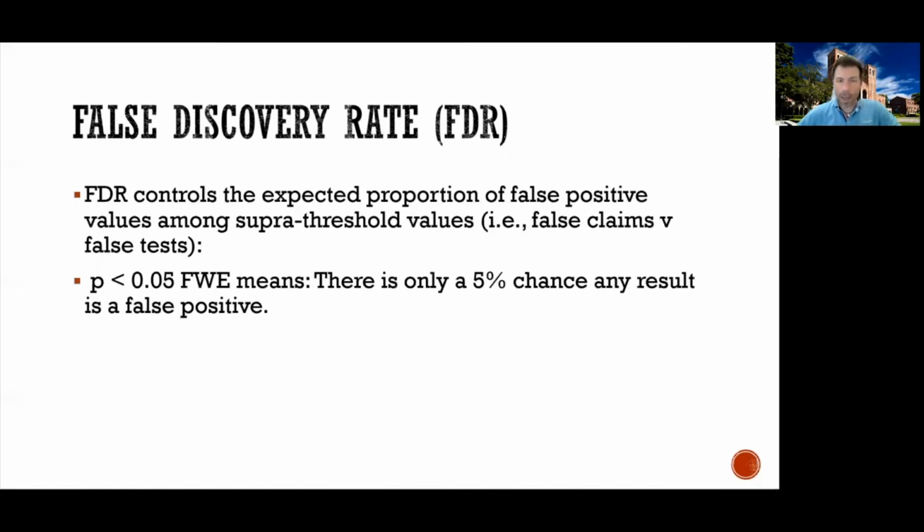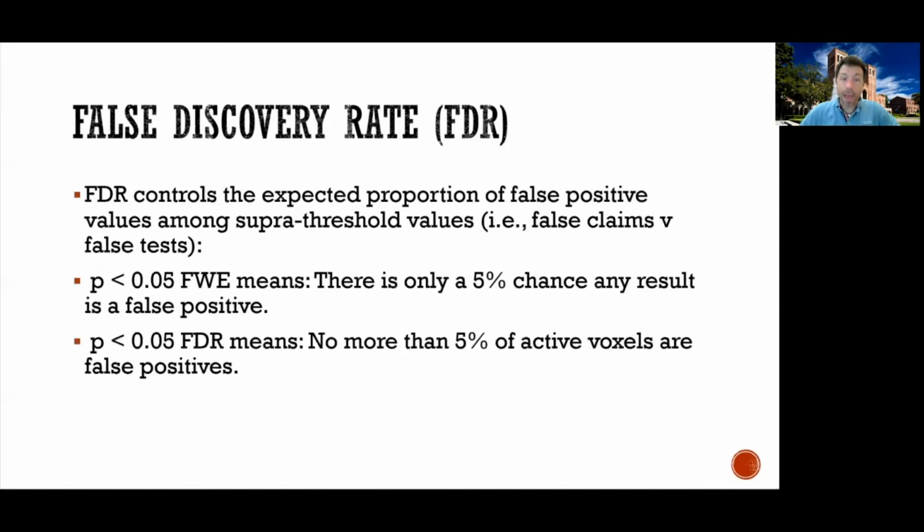So 0.05 family-wise error means there is only a 5% chance that any result is a false positive. Now, 0.05 FDR means out of all the voxels that I'm showing you in this nice picture that are active, at most 5% of those are false positives.